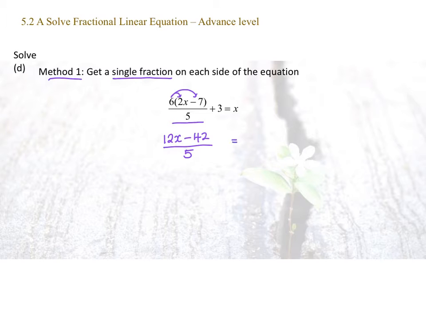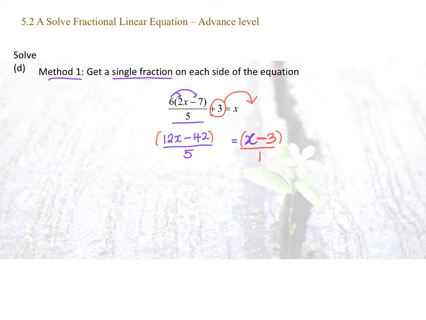Now, what can we do to the number plus 3 over here? We can migrate plus 3 over to the other side such that I will get x minus 3. And now I can write this right-hand side as one single fraction.